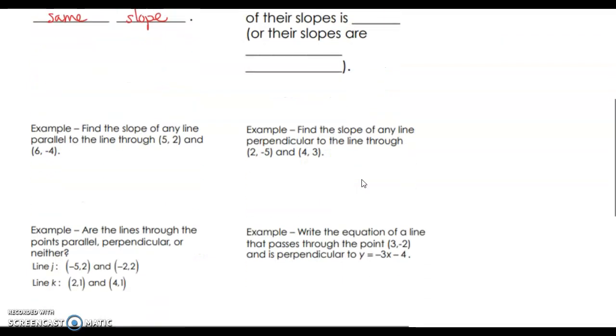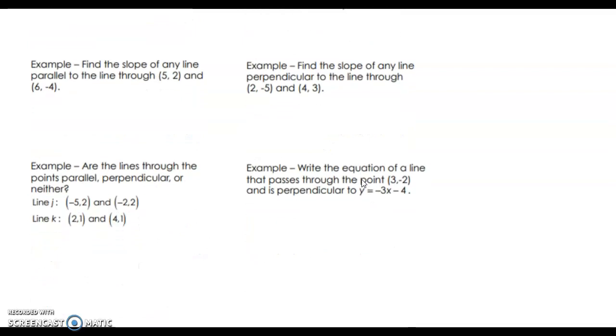So let's look at the examples below. It says, find the slope of any line parallel to the line that goes through (5, 2) and (6, -4). Well, once it's parallel, then that means we just have to have the same slope. So I'm going to call this x2, y2, and we'll call this one x1, y1.